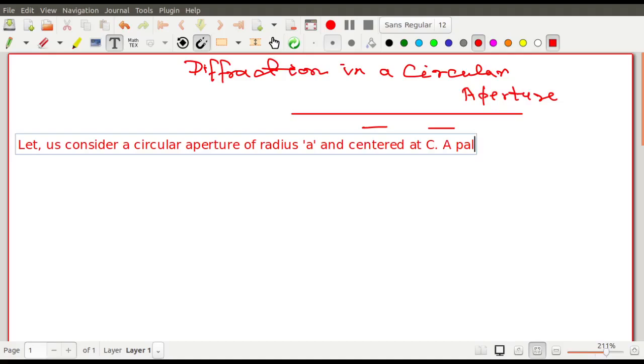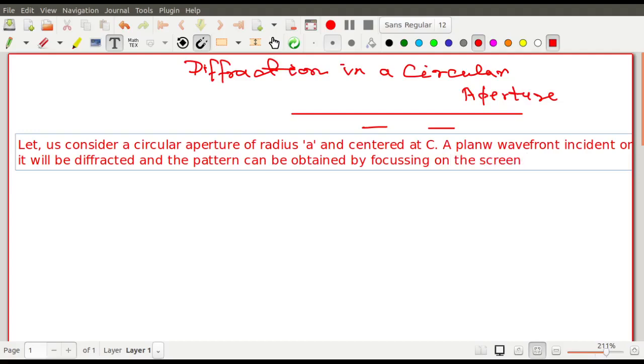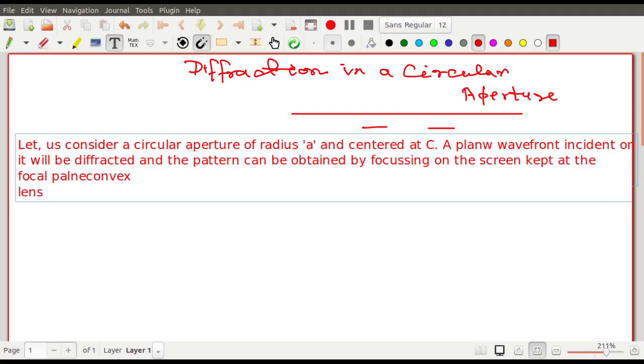A plane wavefront incident on it will be diffracted, and the pattern can be obtained by focusing on the screen with a convex lens, kept at the focal plane of a convex lens, right?